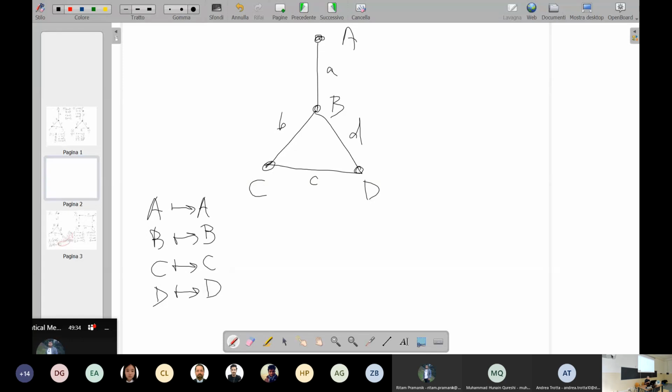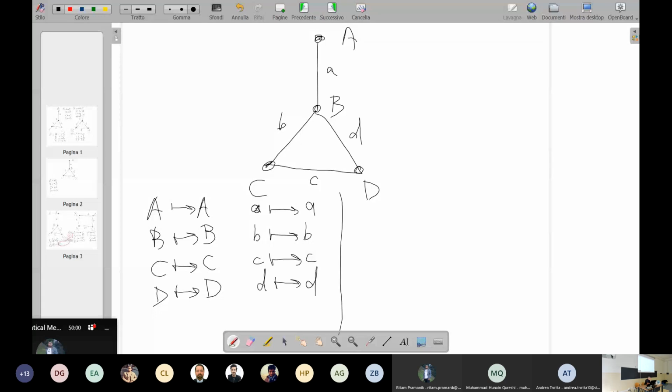And actually, when I have an isomorphism of a graph to itself, it is called an automorphism, meaning a self-isomorphism, okay? Small a to small a, small b to small b, small c to small c, small d to small d.